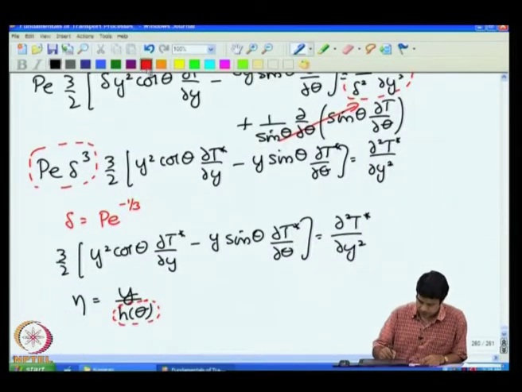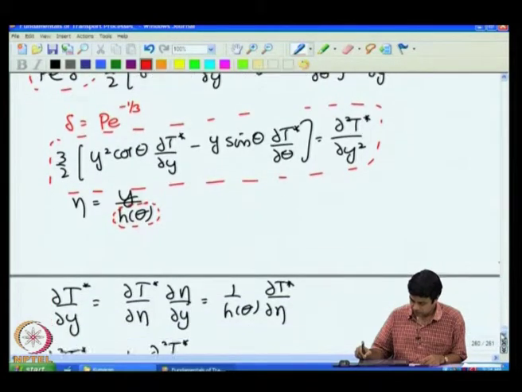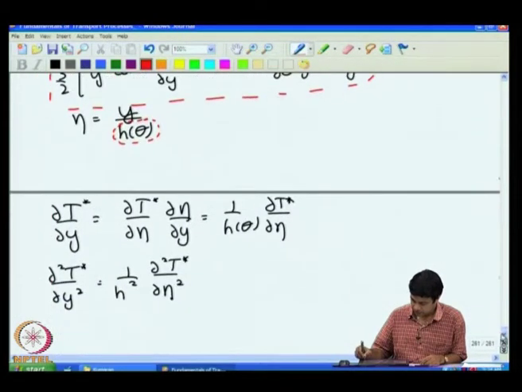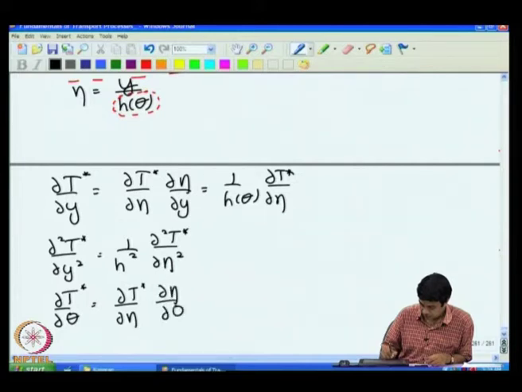In this conservation equation, I also have a derivative with respect to theta. Partial T by partial theta is equal to partial T by partial eta times partial eta by partial theta.